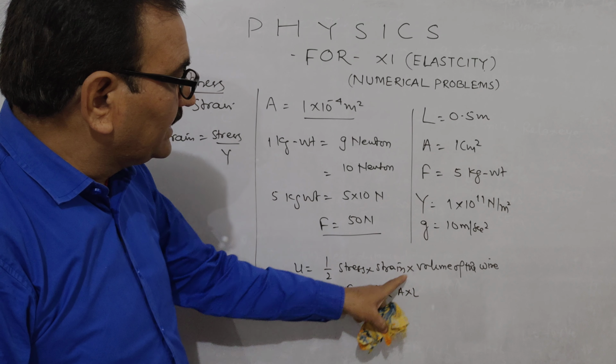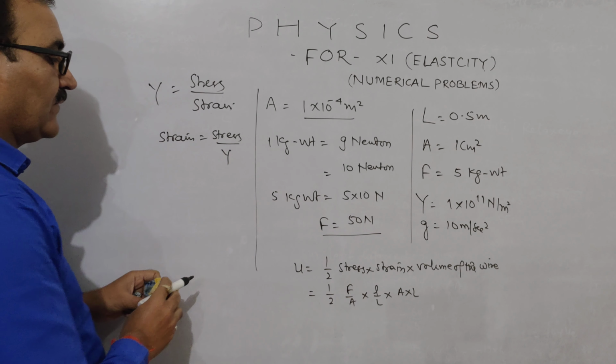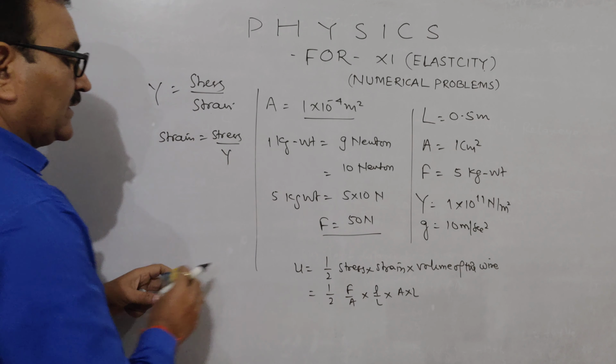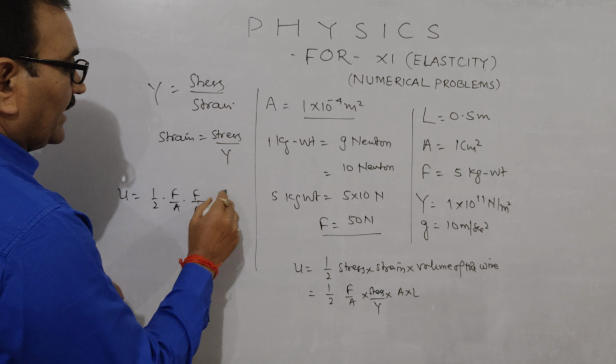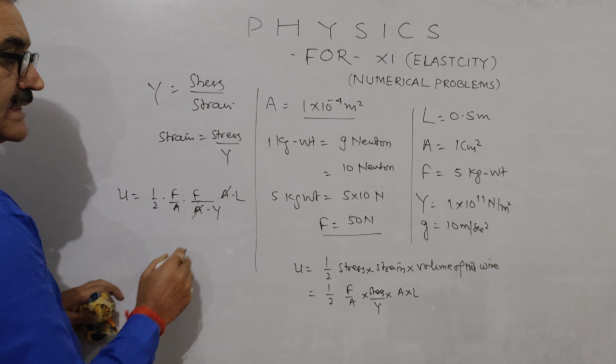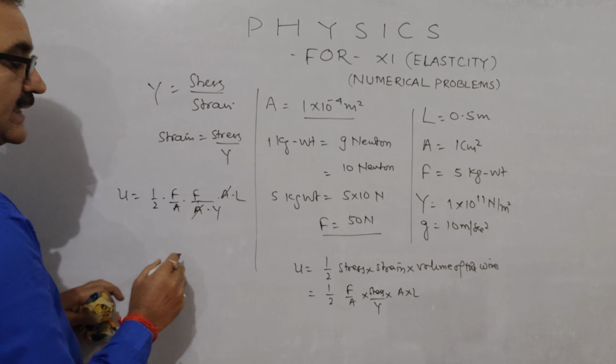In place of this l by L, we put stress upon Y. So you have the formula U equals 1 upon 2 into stress, that is F upon A, upon Y, into A into L. This A and this A cancel out, so you have 1 upon 2 F square upon Y into L.